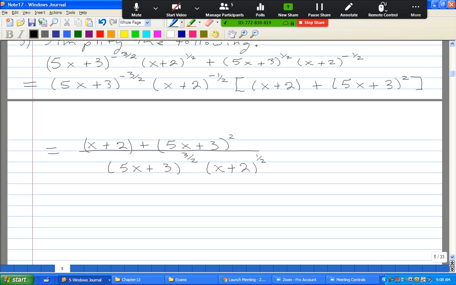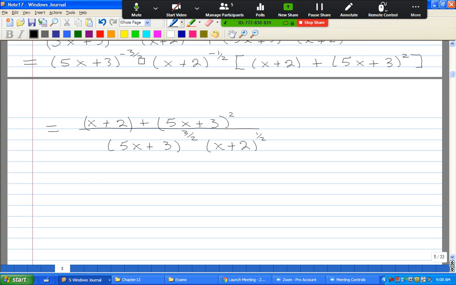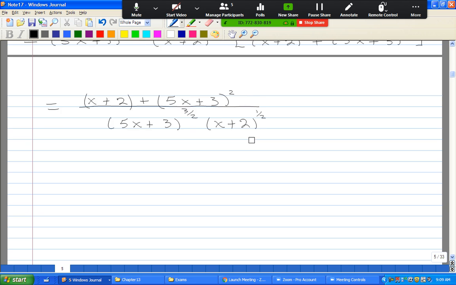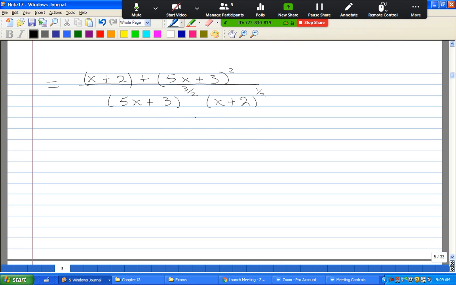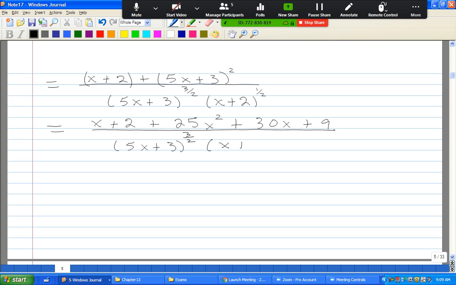So I'm just writing these negative exponents as positive exponents by bringing them to the denominator. So this is equal to x plus 2 plus, well, let's multiply out the 5x plus 3 quantity squared. So I get 25x squared plus 15 times 2 is 30x plus 3 squared, which is 9, all divided by 5x plus 3 to the 3 halves times x plus 2 to the 1 half.